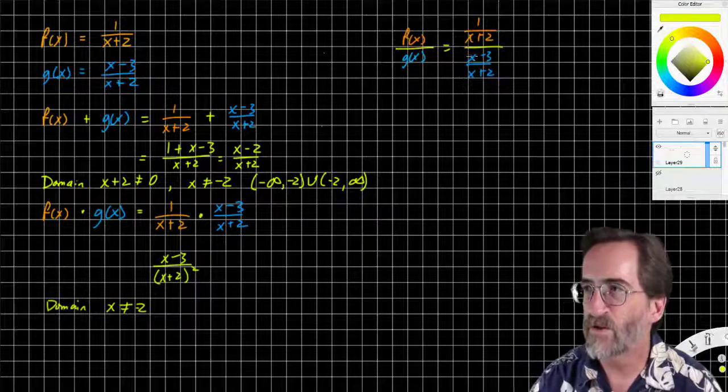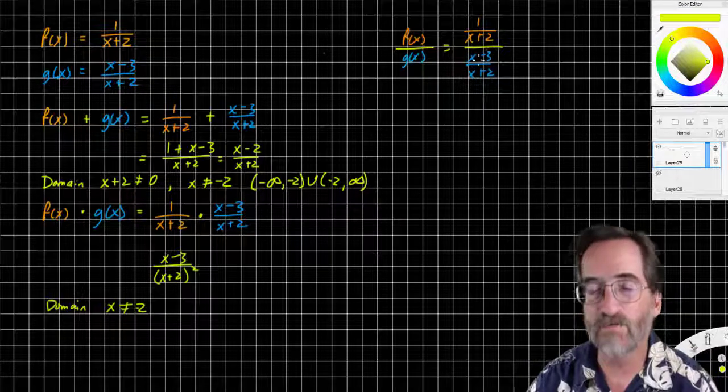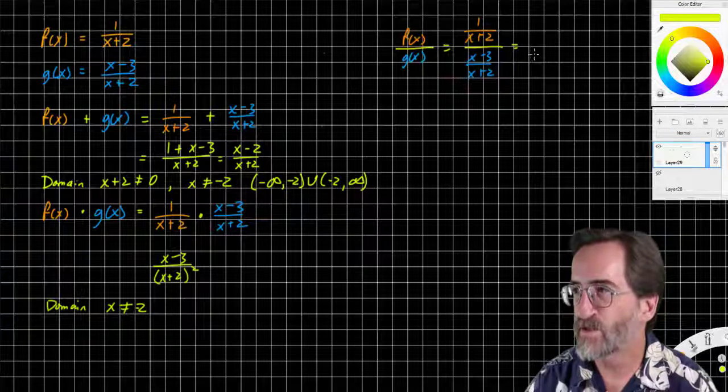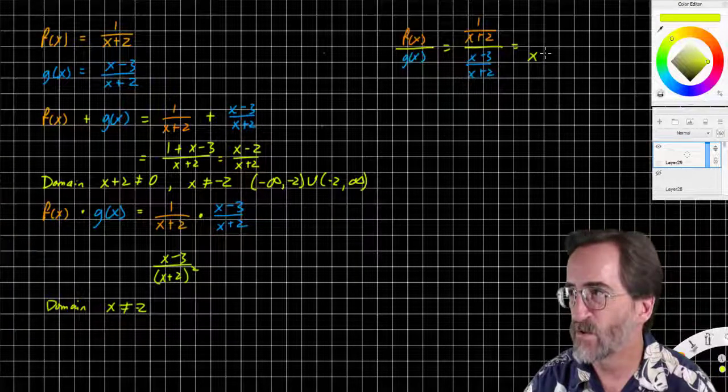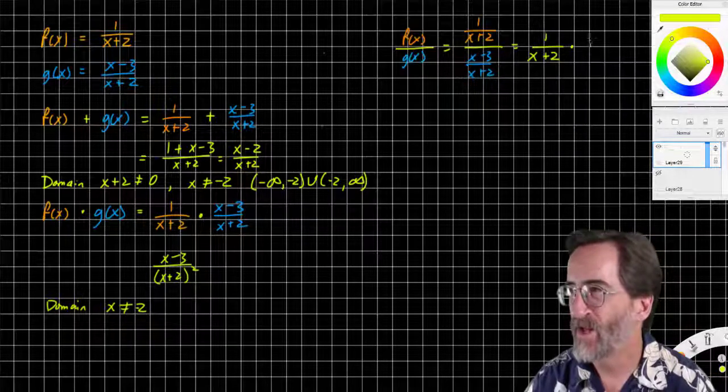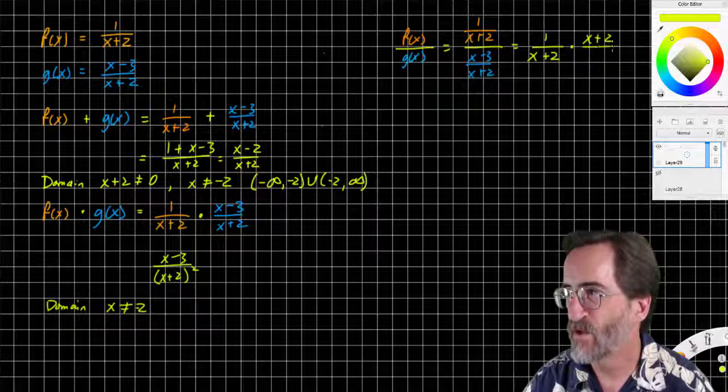And recall that dividing means take the reciprocal of the divisor and multiply. Yours is not to reason why, but to invert and multiply. Basically, division is multiplying by the reciprocal. So x plus 2 over x minus 3. The x plus 2's cancel, leaving 1 over x minus 3.